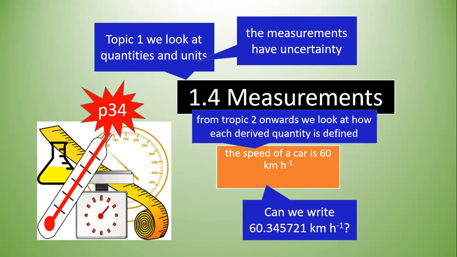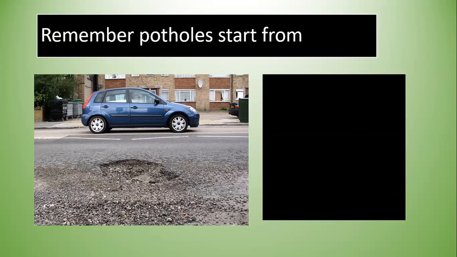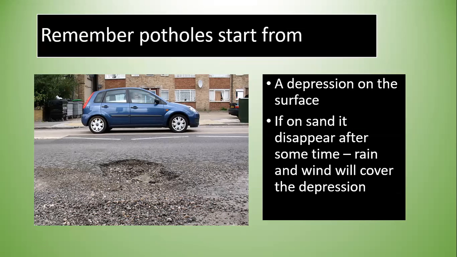Topic 2 onwards, we are going to look at other quantities, other derived quantities, and we will define them, like speed, a derived quantity. Remember, potholes start from a depression on the ground. A depression on the surface, and if on sand, it disappears after some time because of rain or wind covering the depression.